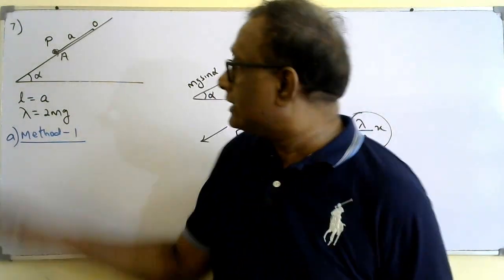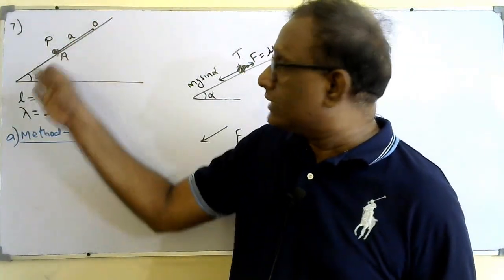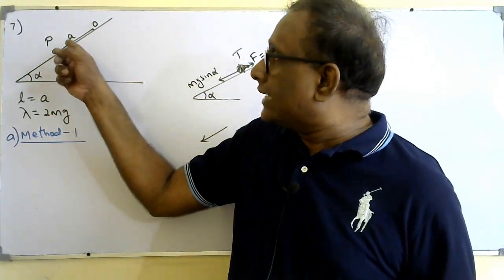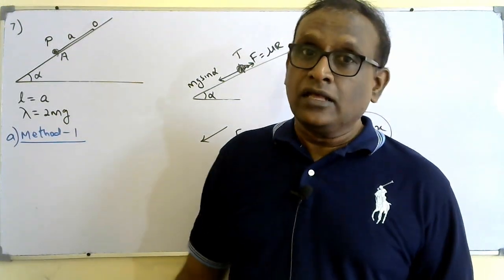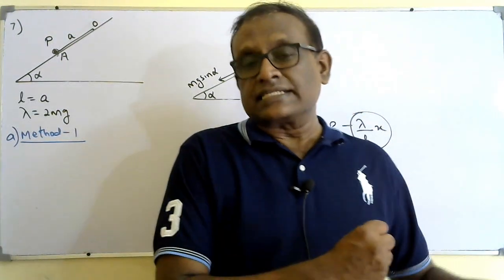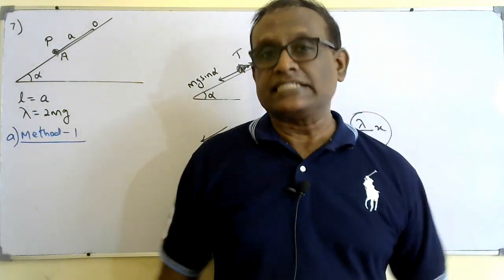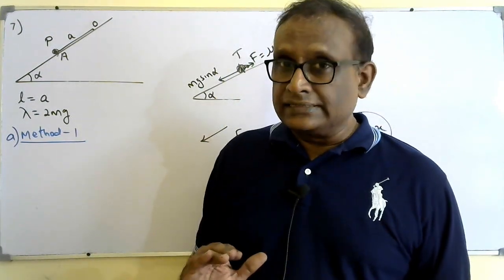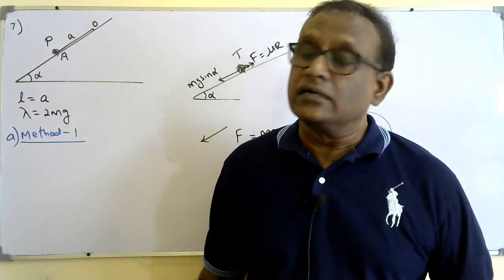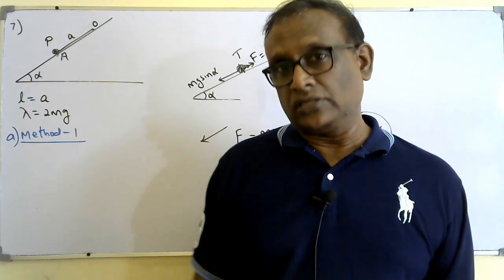During the motion it's losing gravitational potential energy because it's doing work against friction, and the elastic string is stretched, so it's gaining elastic potential energy. Kinetic energy is initially 0 and finally 0, so there is neither gain nor loss.